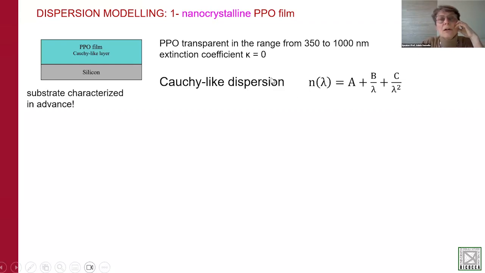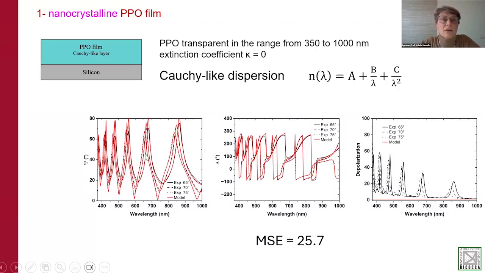We just took a Cauchy-like dispersion and tried to fit the data. The black curves are the experimental data, the red one is the best fit. Of course, a simple Cauchy cannot model the depolarization in any way.